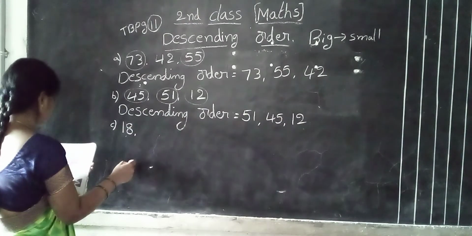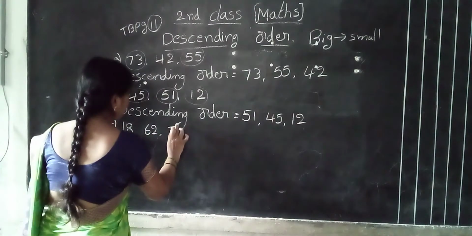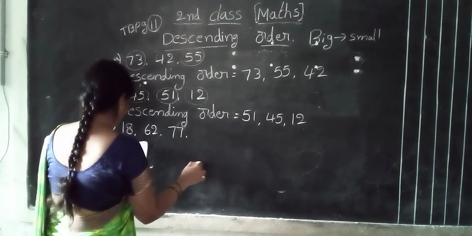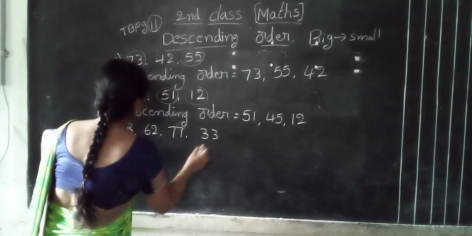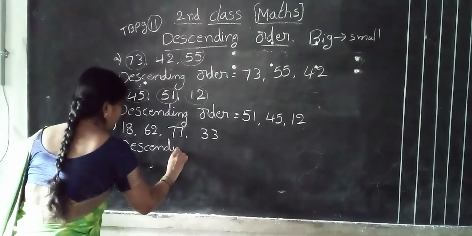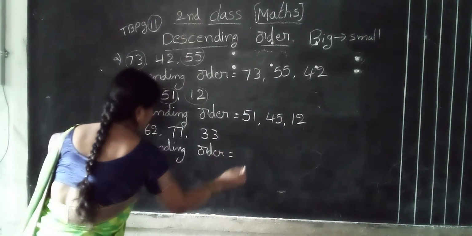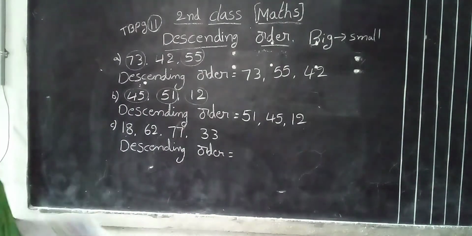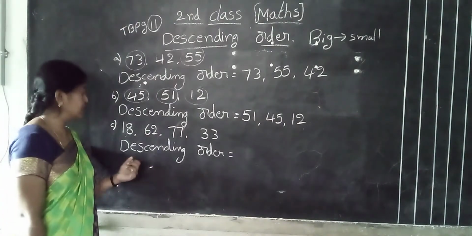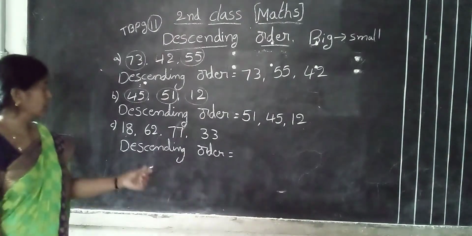18, 62, 77, 33. Descending order. Descending order, right? Descending order, children. First we write the biggest number. Among 18, 62, 77, 33, which one is the biggest number?